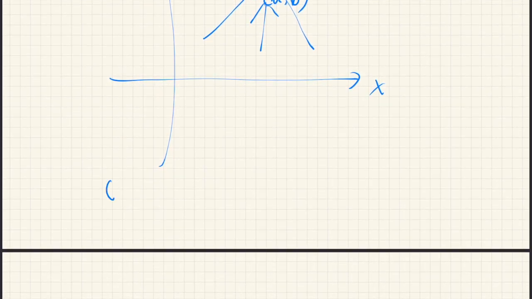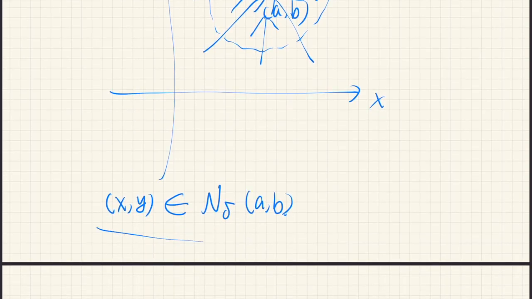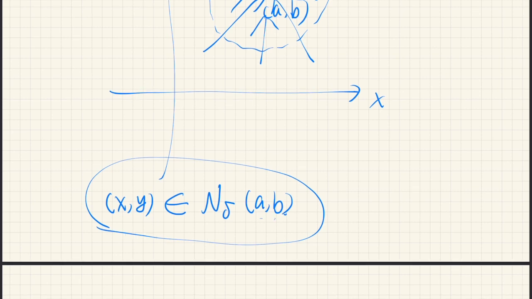So that is if (x, y) is in the delta neighbor of (a, b). Okay, so that means (x, y) is within the circle centered at (a, b) and the radius of delta. So if this is the case, then we say (x, y) and (a, b) are sufficiently close. Okay.